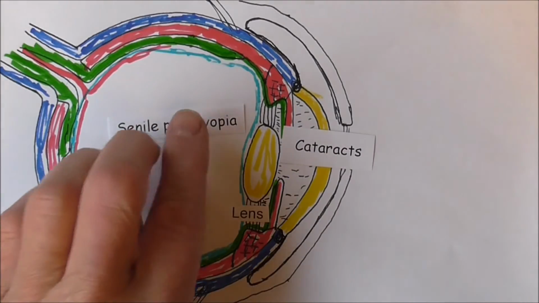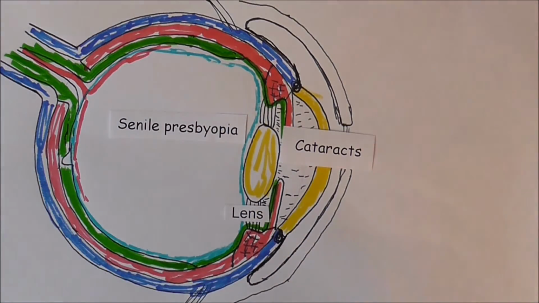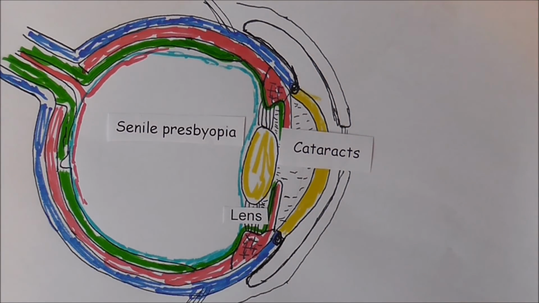That condition is called, rather unflatteringly, senile presbyopia. I've developed it, I'm sure you'll develop it. All you've got to do is live into your 40s and you'll develop senile presbyopia. You find it harder to focus on things which are close in, caused by loss of elasticity in the lens.